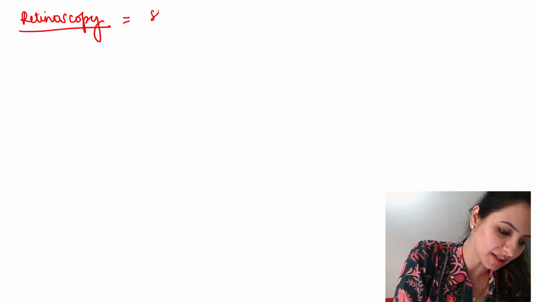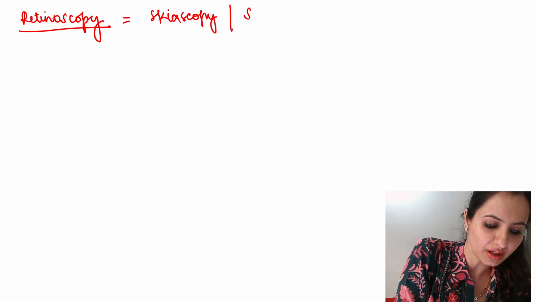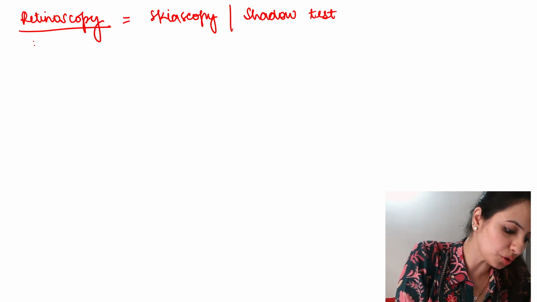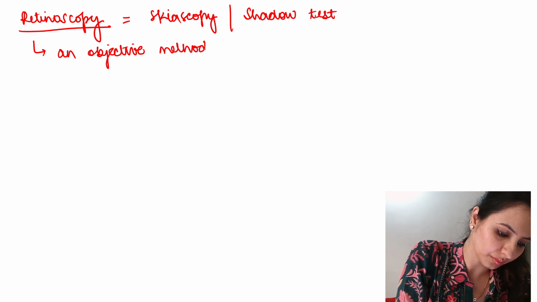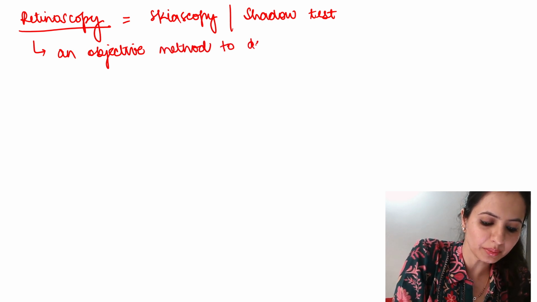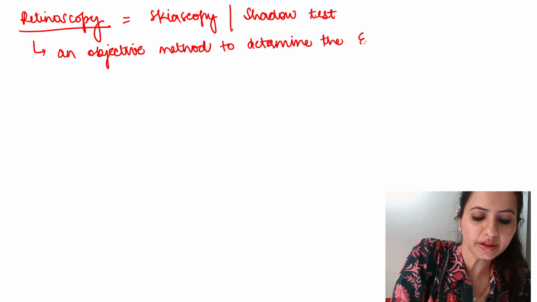Now, what is retinoscopy? Retinoscopy is also known by other names such as skiascopy or shadow test. So, retinoscopy is an objective method to determine the error of refraction.